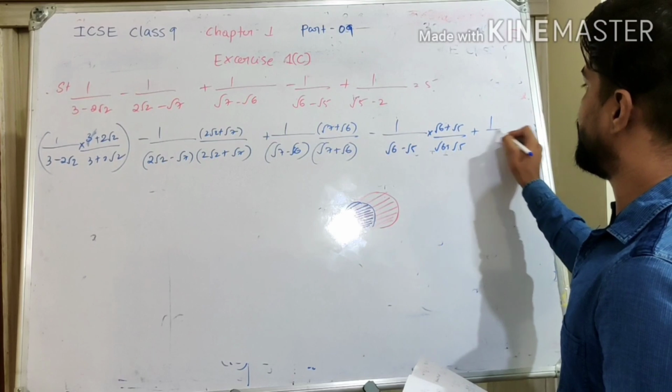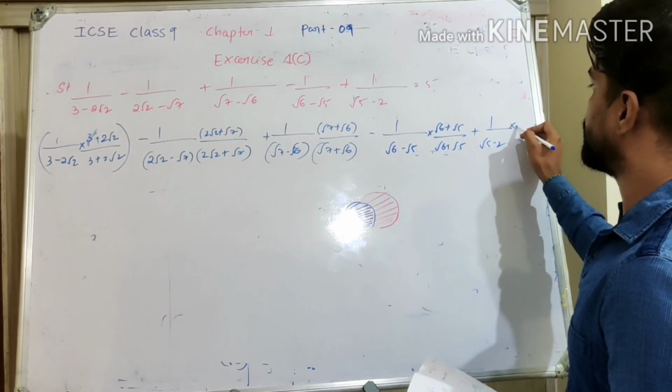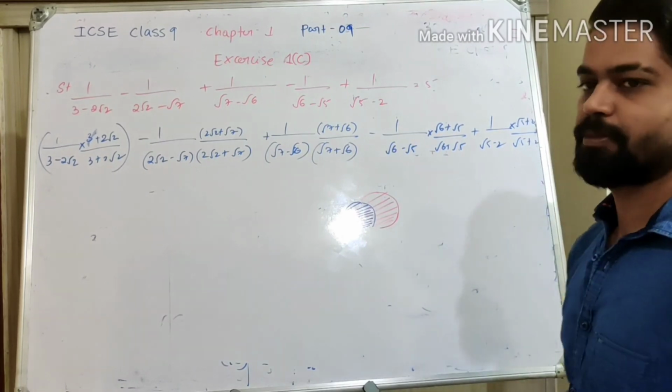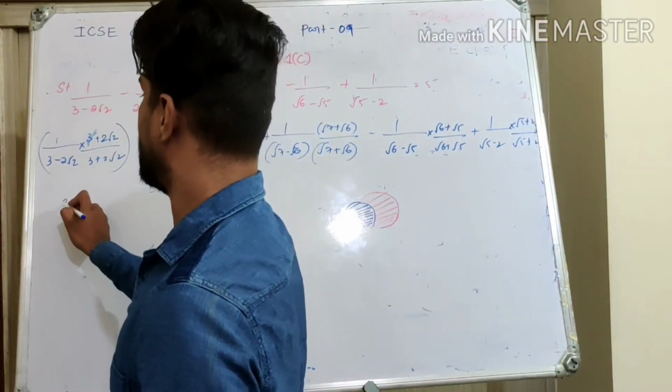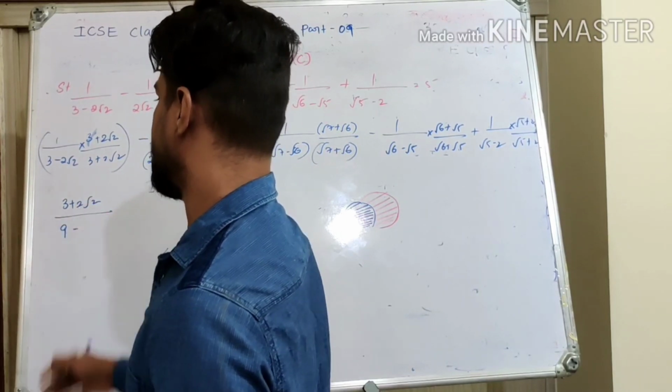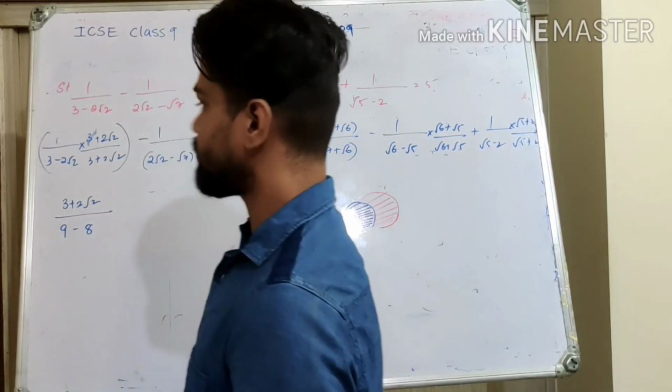So finally we have 1 by root 5 minus 2 into root 5 plus 2 divided by root 5 plus 2. Okay, so we end up with 3 plus 2 root 2. This is 3 square is 9 minus 2 root 2 square is 8.